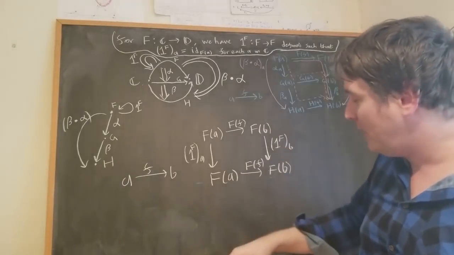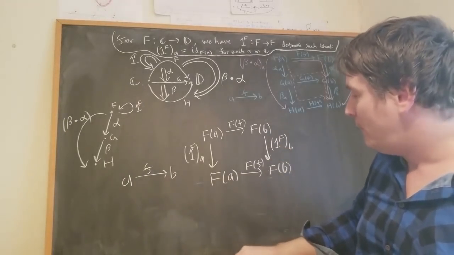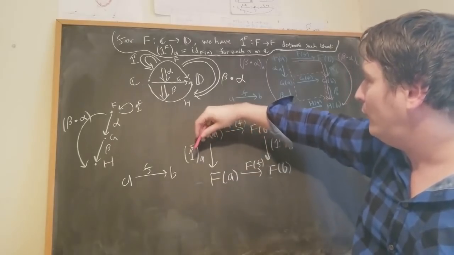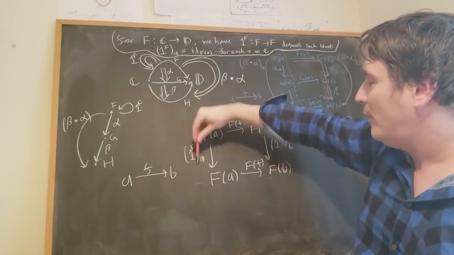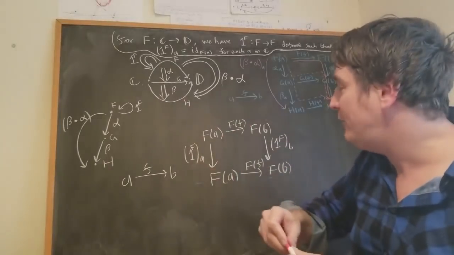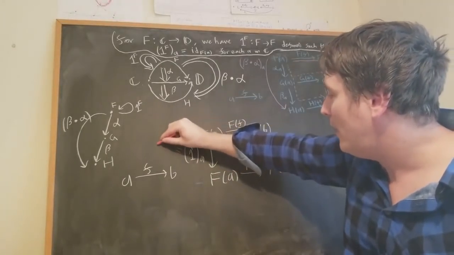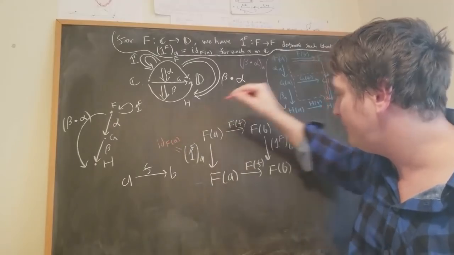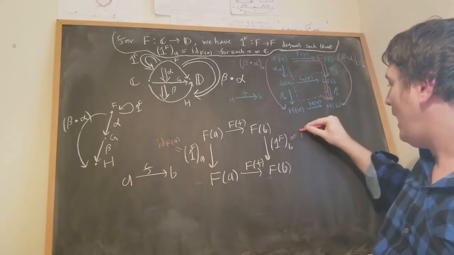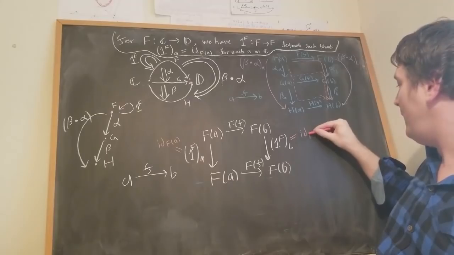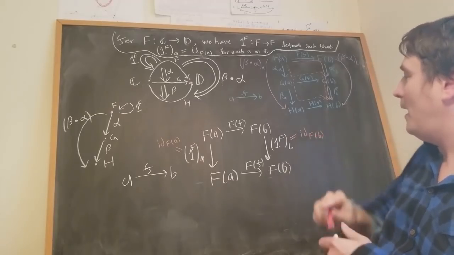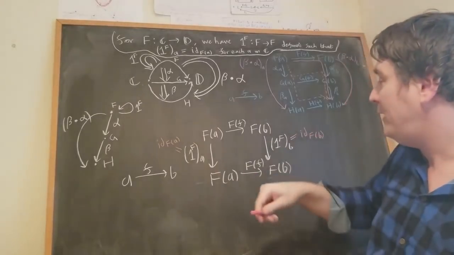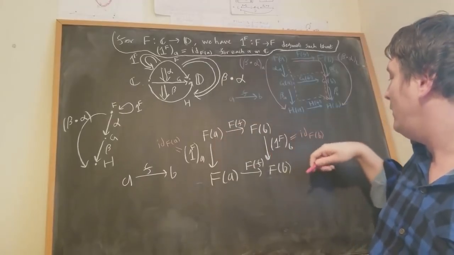And so clearly, if we have the a-th component of what I'm proposing for an identity, if we have this as ID of F of A, and this is ID of F of B, then that's clearly going to make this square commute, isn't it?